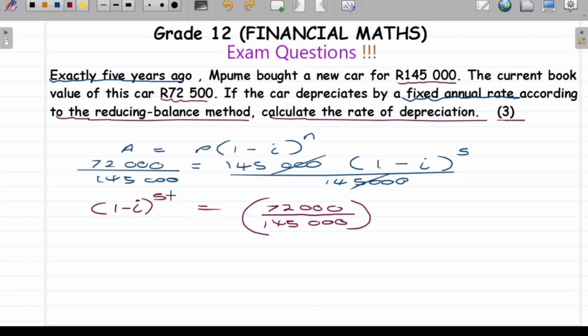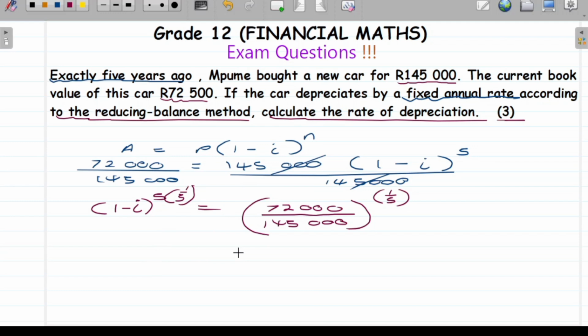You multiply the exponent of 5 by 1 over 5, and you also multiply the 72,000 over 145,000 by 1 over 5, so you make 1 over 5 the exponent of that. Remember, in algebra, what you do on the left hand side, you do on the right hand side, so you would not have changed anything. So this makes sense mathematically. This will cancel, because 5 times 1 over 5 is 1.